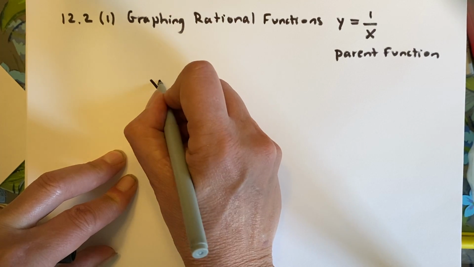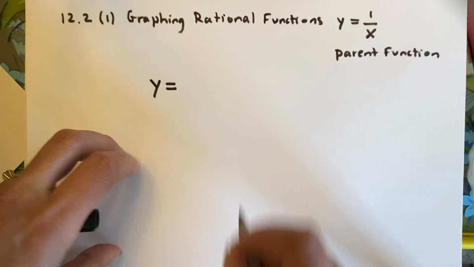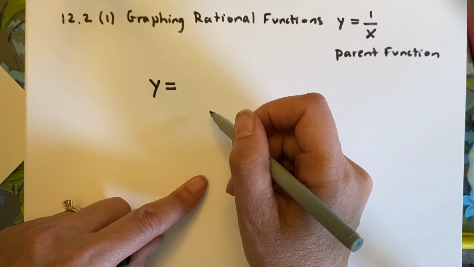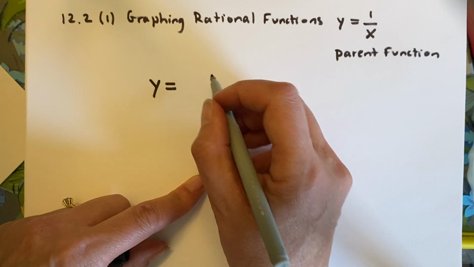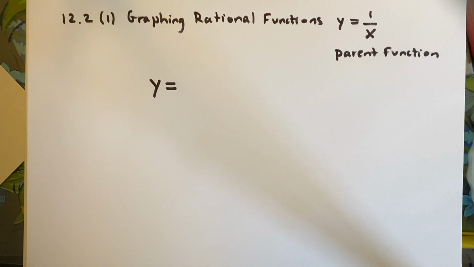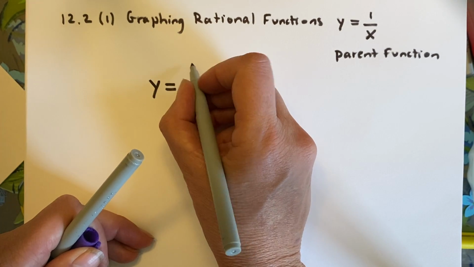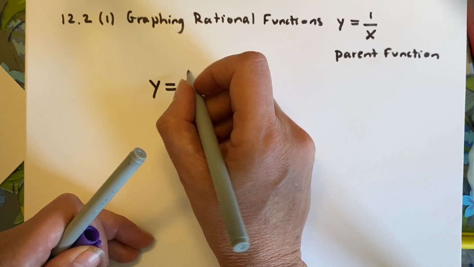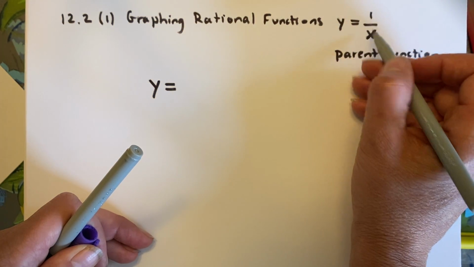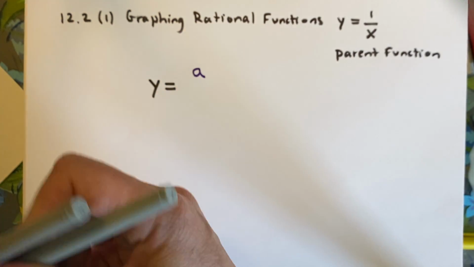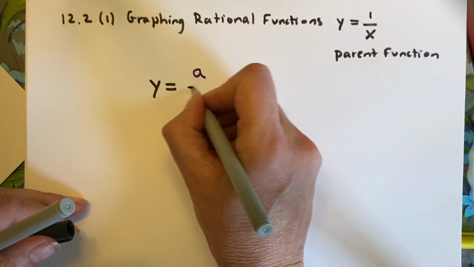And in other words, rather than starting the way the book does, which is just going one by one, I'm going to show you our final point, just because I think at this point you guys are pretty savvy and you know what a, h, and k do to functions, because we're using the same values each time. So you've already seen we've had y equals a over x, and so a is the first change.